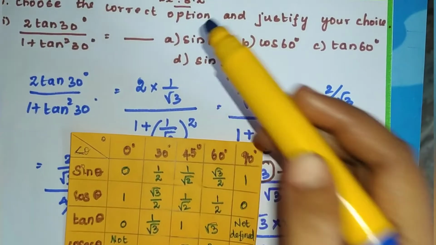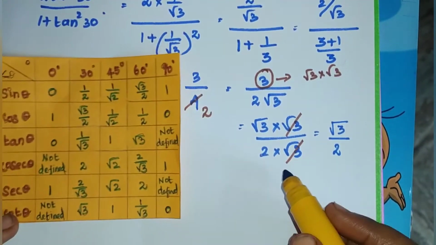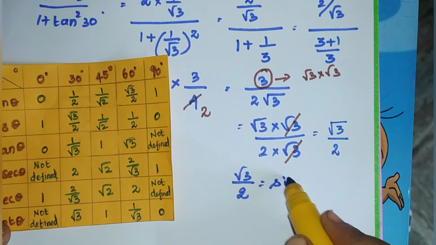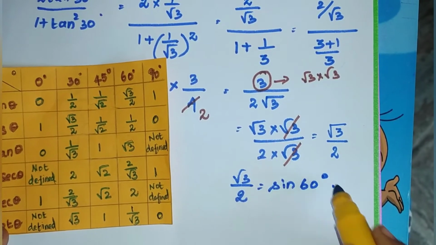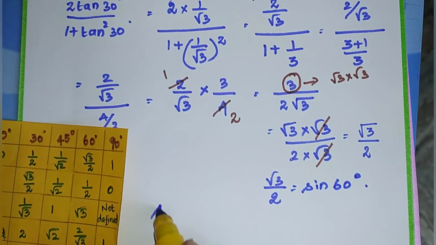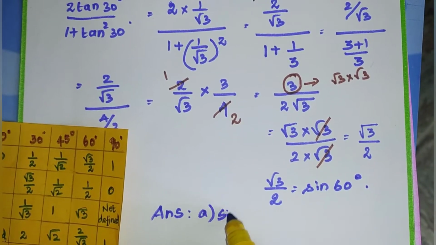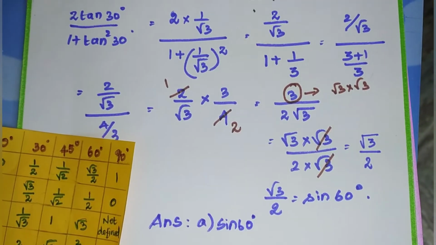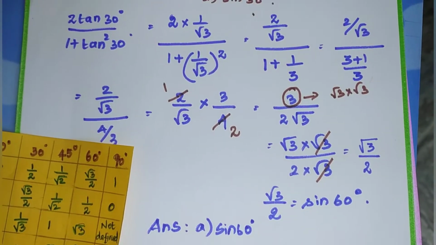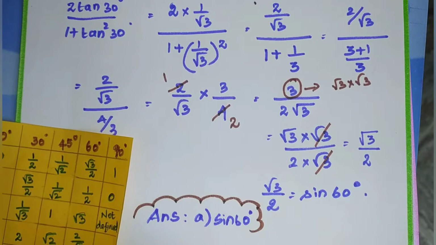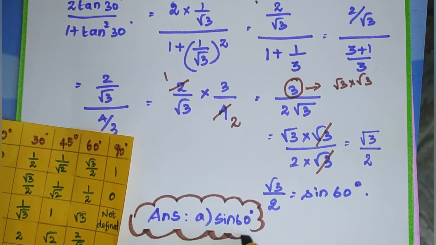Root 3 by 2 is nothing but sin 60 degree. So the answer is option A, sin 60 degree. Just simplify and then choose the correct answer. Clear?